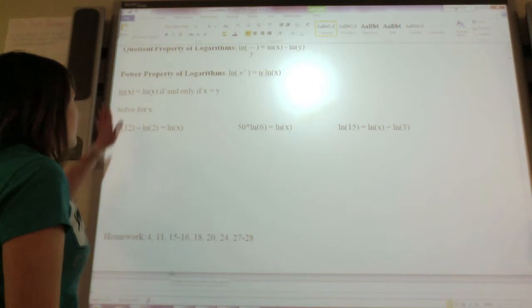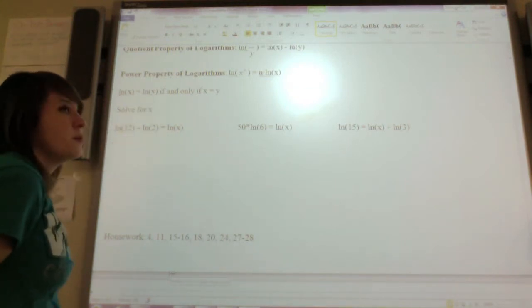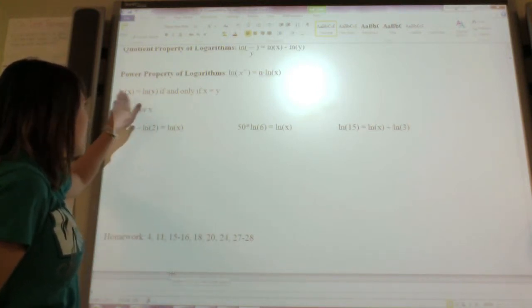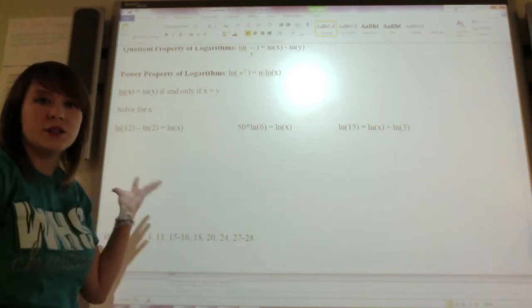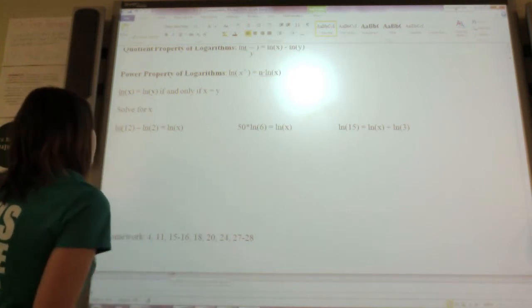We also know that the natural log of x is equal to the natural log of y if and only if x equals y. So in other words, if you have the natural log of something on both sides, you can just get rid of that natural log and you can just get x equals y. So let's do some solving here.